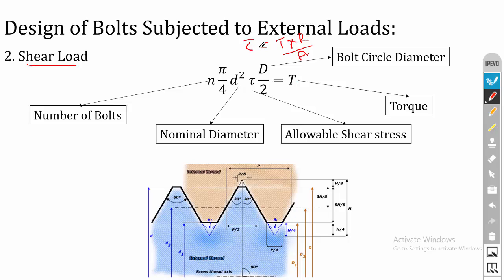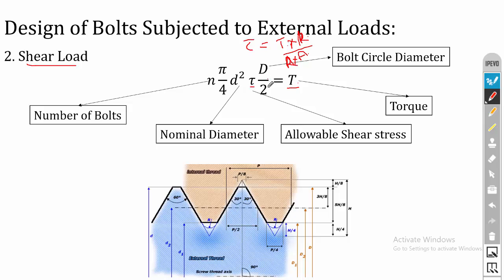So you can write tau is equal to T divided by R into A. So T is equal to tau into R into A.